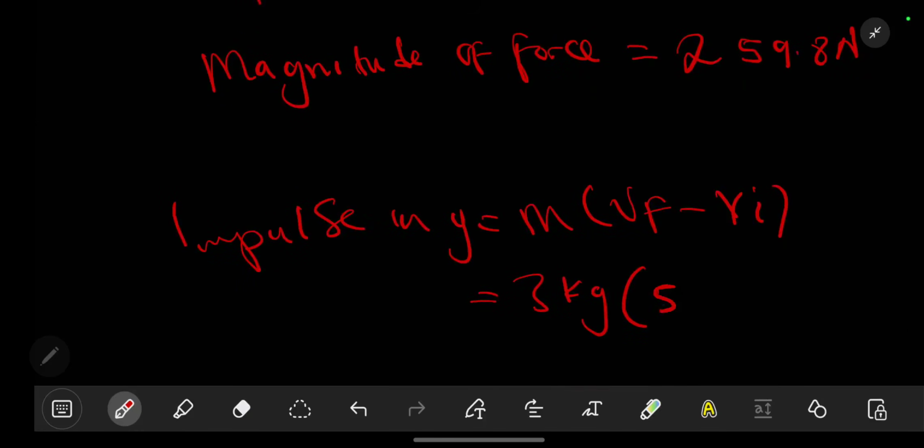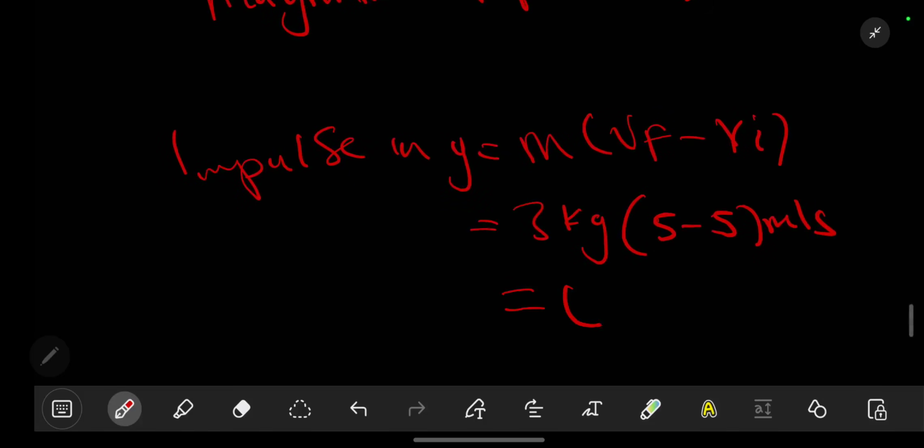So if we say 5 minus 5 meters per second, this is going to give us a 0. So that's how come the impulse is entirely dependent on the x, for this question. Not for every question, no, for this question.